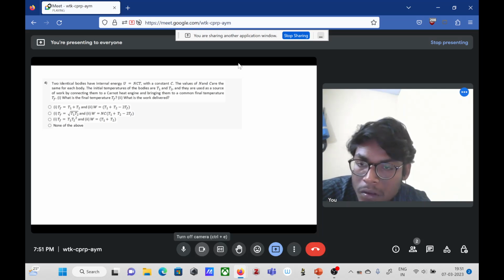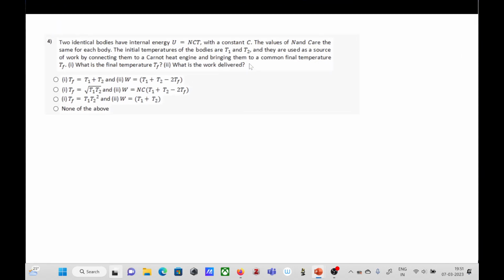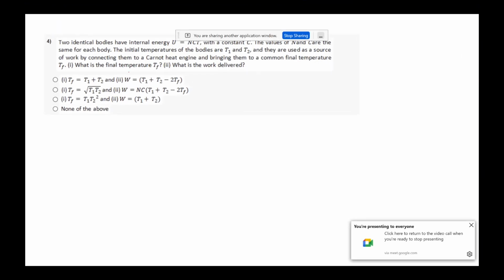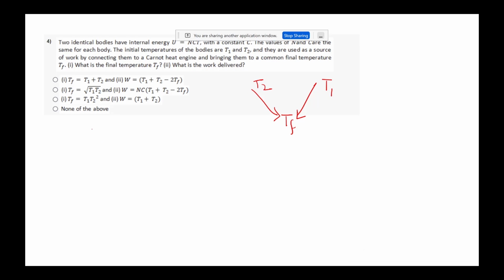Now, as we know, this is Tf, this is T1, this is T2. Now, since efficiency is the same, then 1 minus T2 by Tf equals 1 minus Tf by T1.